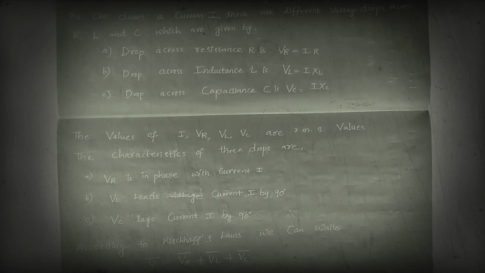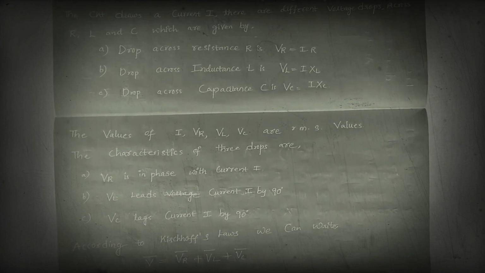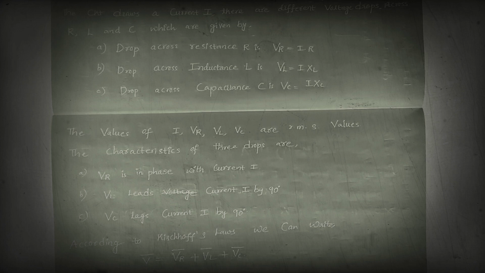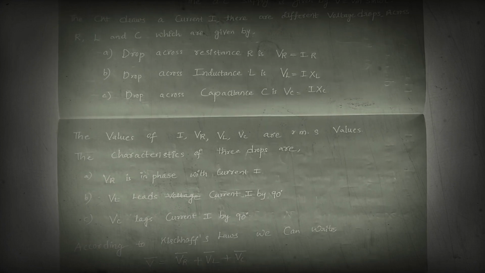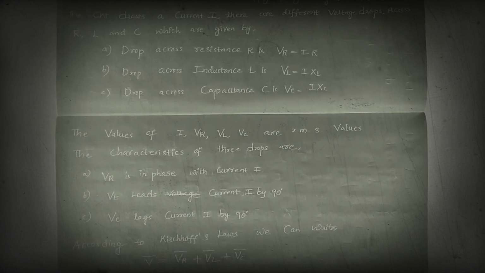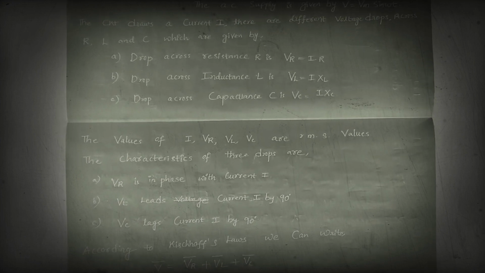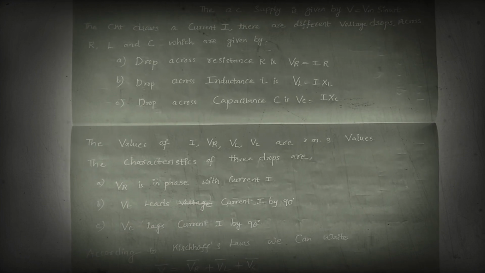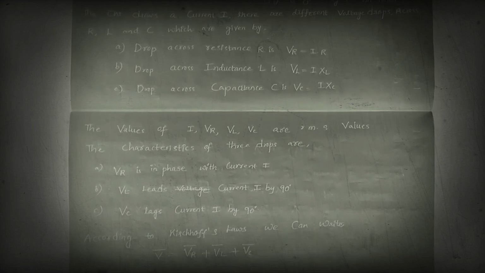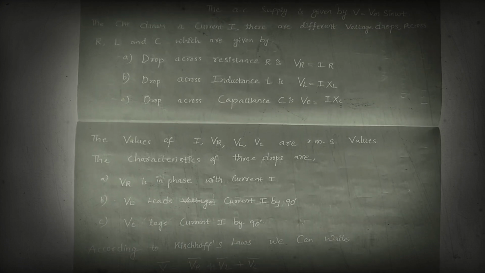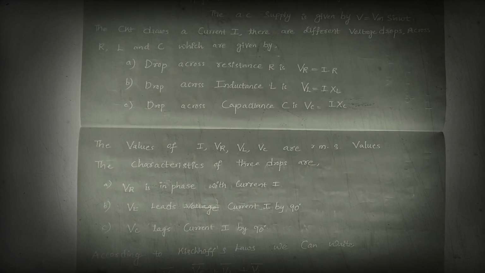Remember that the current I flowing through the series RLC circuit, and the voltage drops across the resistor, inductor, and capacitor, that is I, VR, VL, VC, are RMS values only. They are not average values.